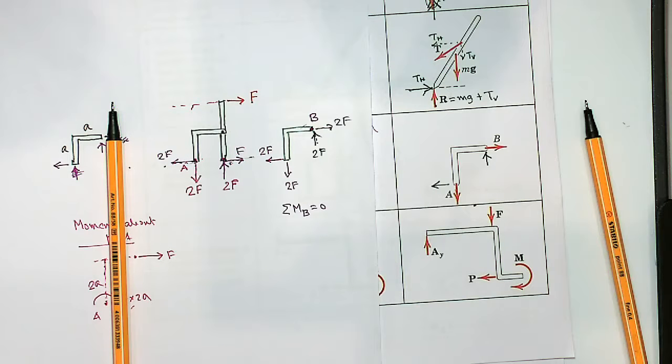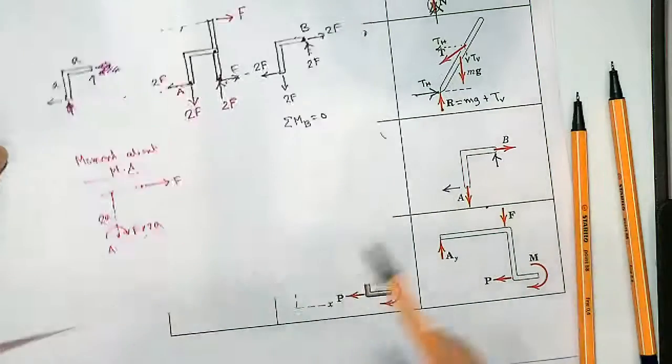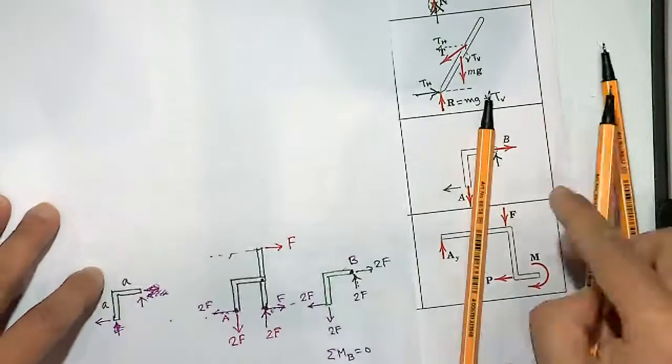So this middle one. Okay. So your question is why this bit is twice F. Okay, let me draw that bit again.